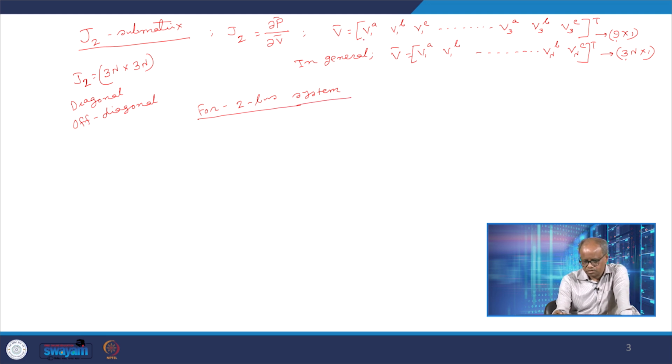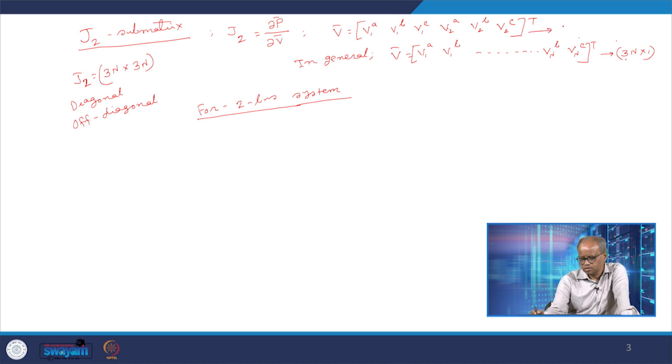For the 2 bus system, V is V2A, V2B, V2C transpose, so this is a 6 cross 1.